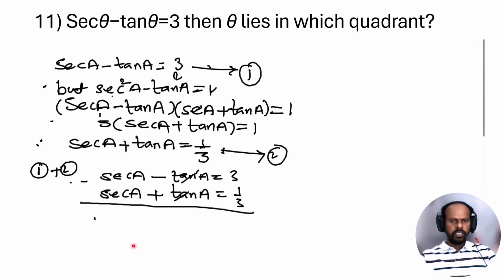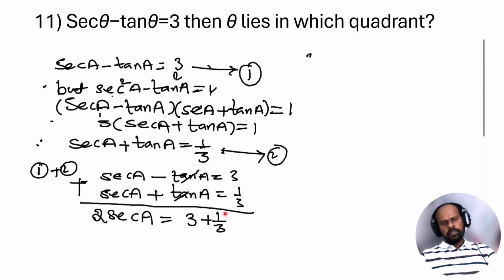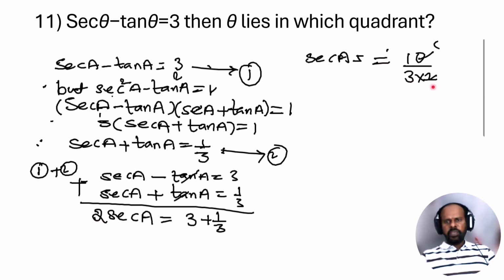Tan gets cancelled, and sec plus sec becomes 2 sec a equal to 3 plus 1 by 3. So 3 3s are 9, 9 plus 1, so sec a equal to 10 by 3, and the 2 multiplying will divide, 2 fives. So sec theta equals 5 by 3.